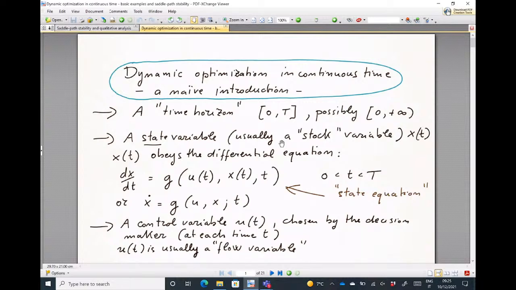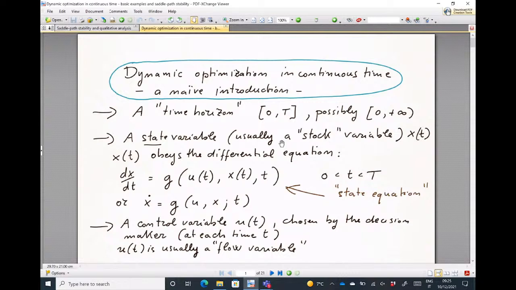Also with qualitative analysis, there is the qualitative analysis due to the regions of the plane and the corresponding arrows of motion. I will show you in a few minutes what is the meaning of this tool, and also I will show you why saddle path stability emerges from a dynamic optimization problem.